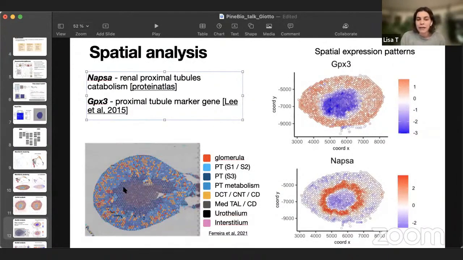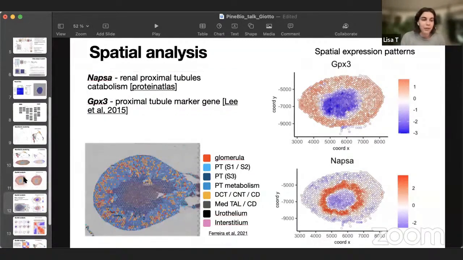So comparing it to already known cell types in the kidney, we can see that GPX3 is a marker gene for proximal tubules, segments 1 and 2, which are located in the cortex. And NAPSA correlates more with proximal tubules, segment 3, which is located here in the outer medulla. So spatial analysis can help us understand marker genes better.